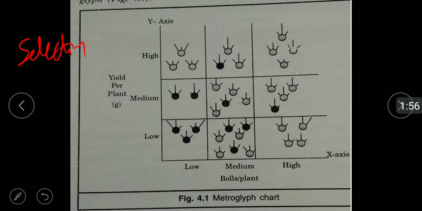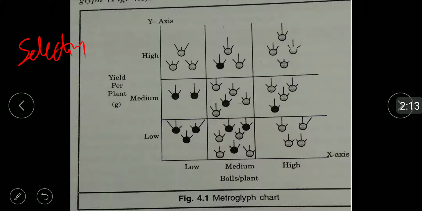Then evaluation of materials: the selected genotypes are tested in replicated field trials, observed and recorded for various quantitative traits, and mean values over the replications for each trait are worked out.